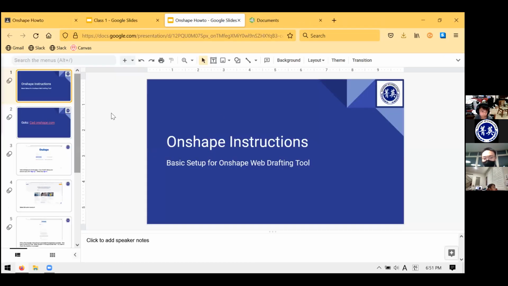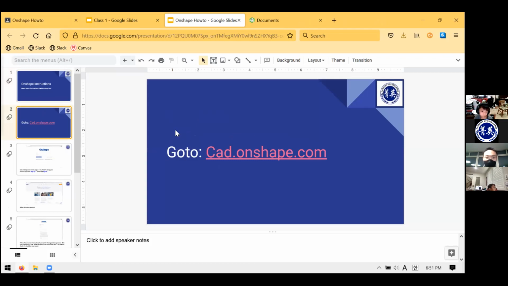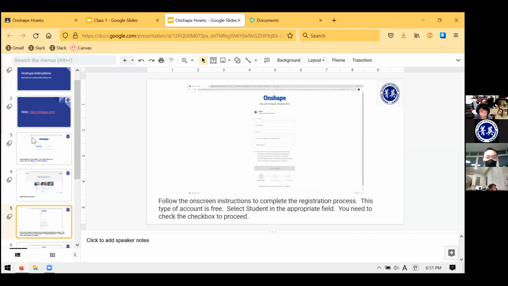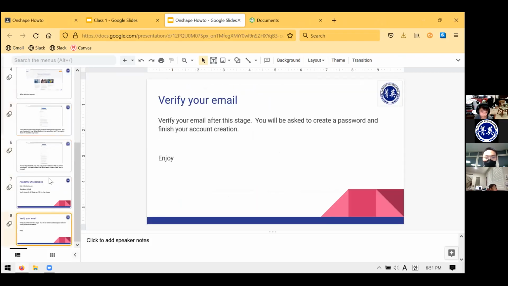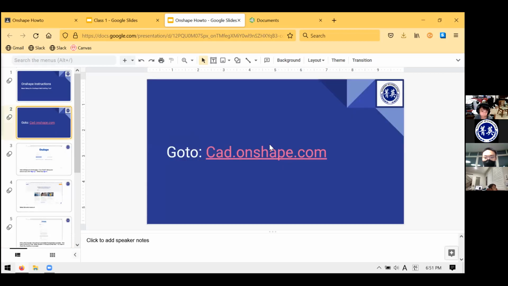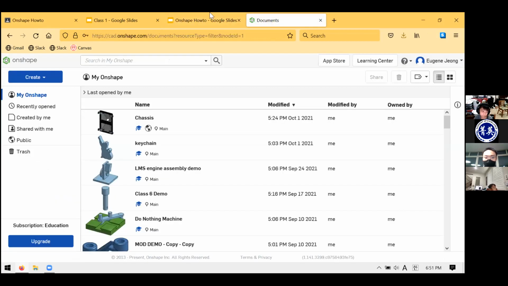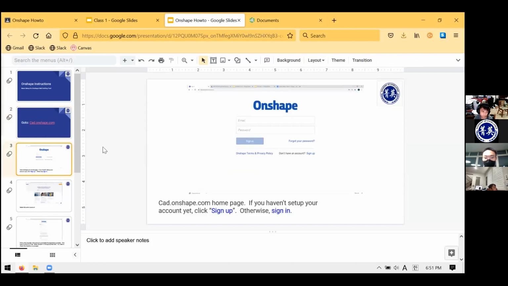It'll take you through step by step how to do it. I'm logged in right now, but if you go to cad.onshape.com, which I can type in the chat, it'll take you to a page that looks something like that.